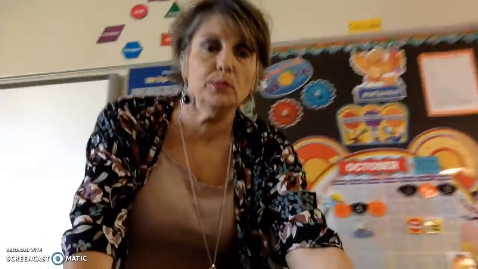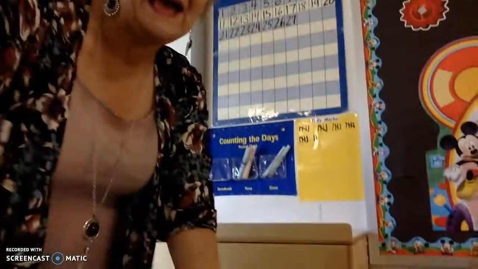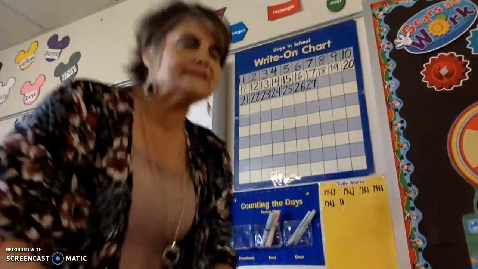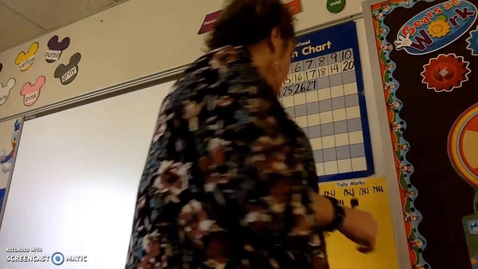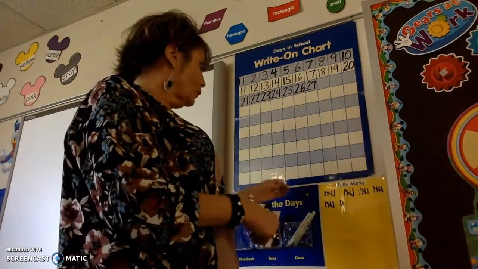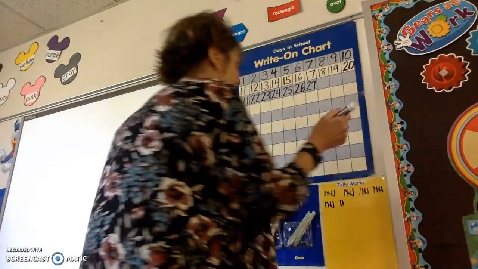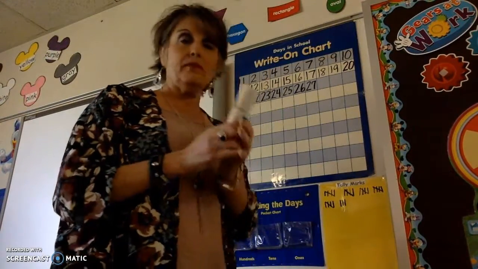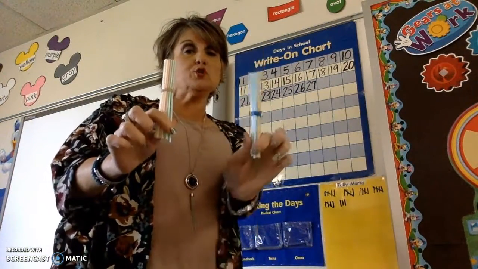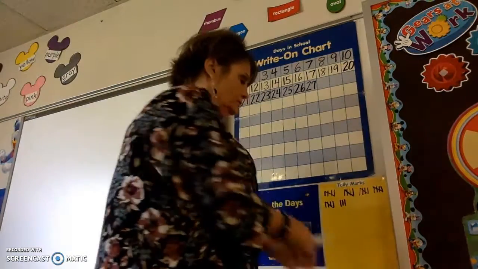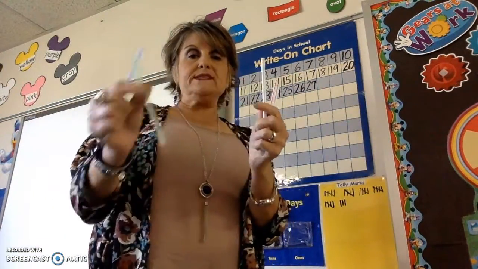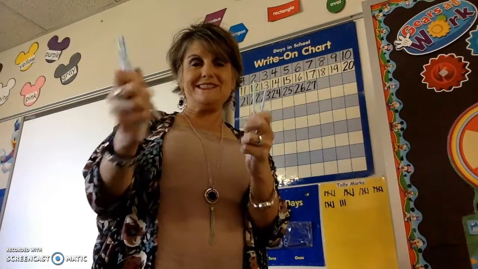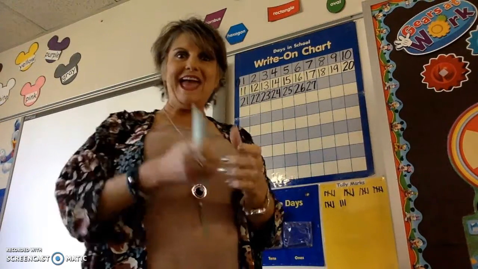Okay, I'm going to move you closer so we can add a tally and a straw. So here's our straw. We're adding it here and we're adding a tally mark. We have 2 10s here, right? So counting by 10s, 10, 20, 21, 22, 23, 24, 25, 26, 27, 28.